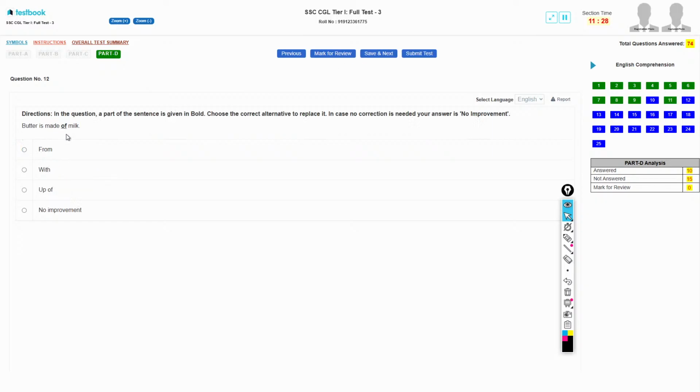Butter is made of milk, made from, but made of is all right, right? Butter is made of.